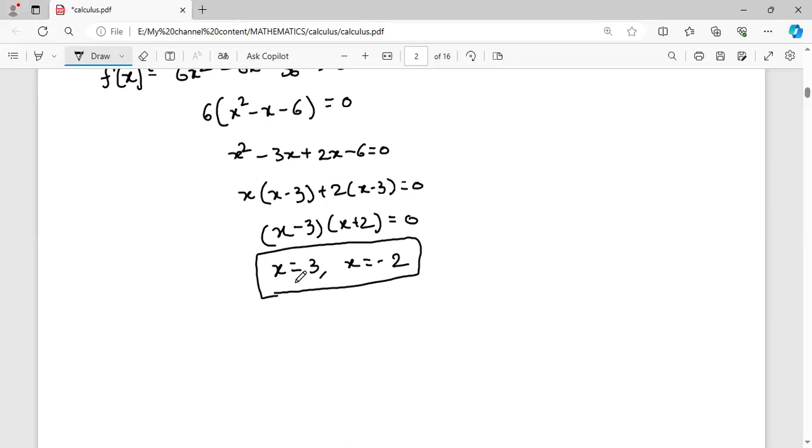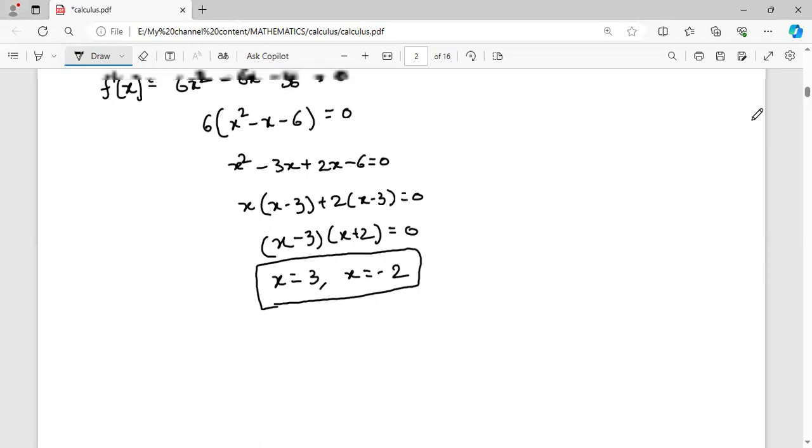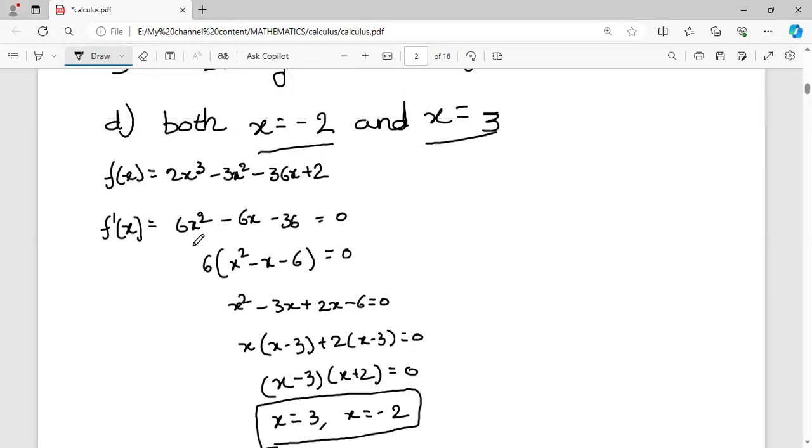But your target is, what is the maximum value? So how can you find out the maximum value? For the maximum values, you have to differentiate this expression again. f double dash of x equal to, 6x square means that is 12x, minus 6x, that is minus 6, minus 36 that is 0.